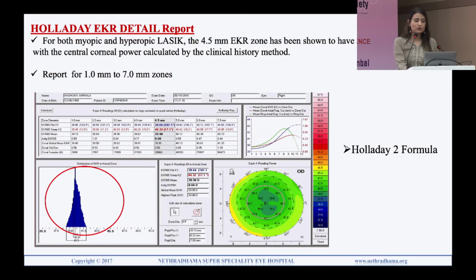Then we also use Holladay EKR detailed report, where you have the equivalent keratometry values from zone 1 millimeter to 7 millimeters, and what you use is the 4.5 millimeter values of keratometry and key them into the Holladay 2 formula. So this is another method that works quite well.